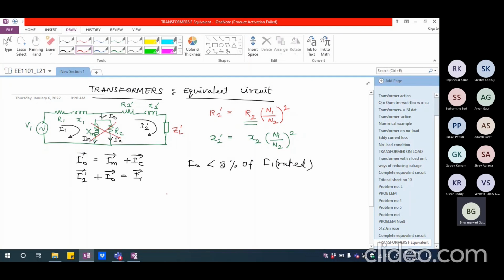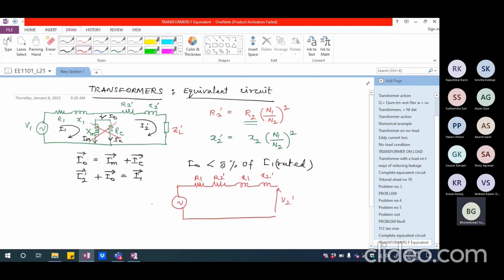Sometimes the transformer equivalent circuit is drawn with R1, then R2 dash, and X1 and X2 dash. And I'm going to just have V2 dash coming up here.